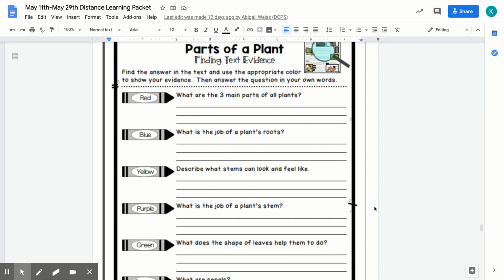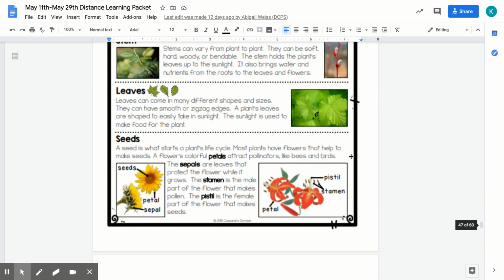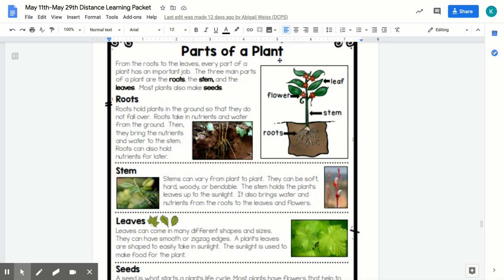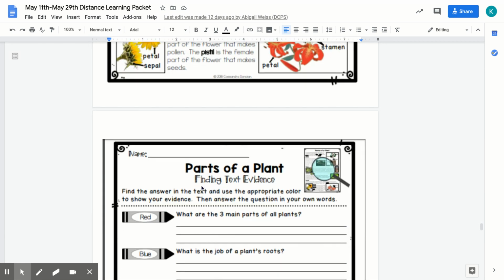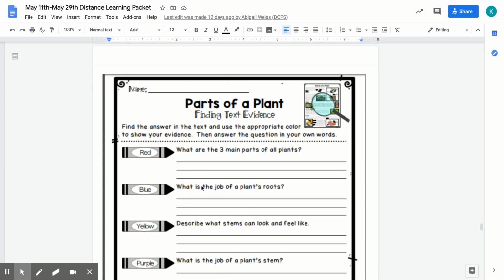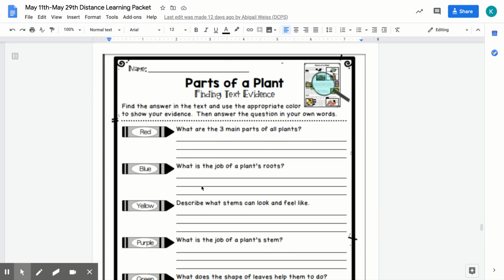Now, second graders, all of the evidence is in this section. So find the answers and underline them. Now, you may be wondering what to do if you don't have crayons or colored pencils at home. That is a problem. Just kidding.